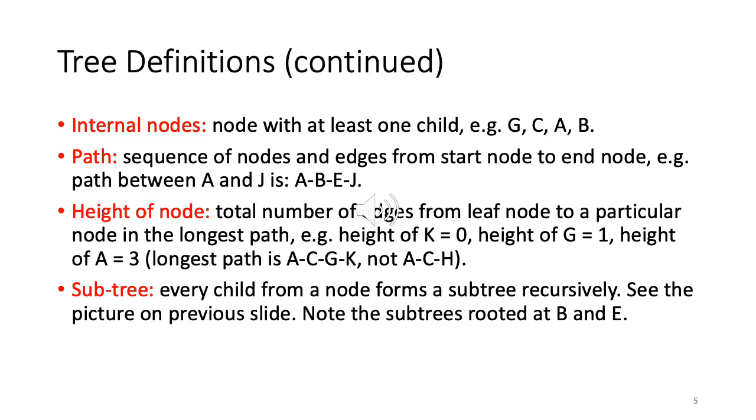Likewise, you can have a subtree rooted at B's child. We initially had a tree rooted at node A. Now we have a subtree rooted at A's child, B, and another subtree rooted at B's child, E. You can see the recursion: we have our original tree with 11 nodes, then the subtree rooted at B with 6 nodes, and then recursively the subtree rooted at E with 3 nodes.